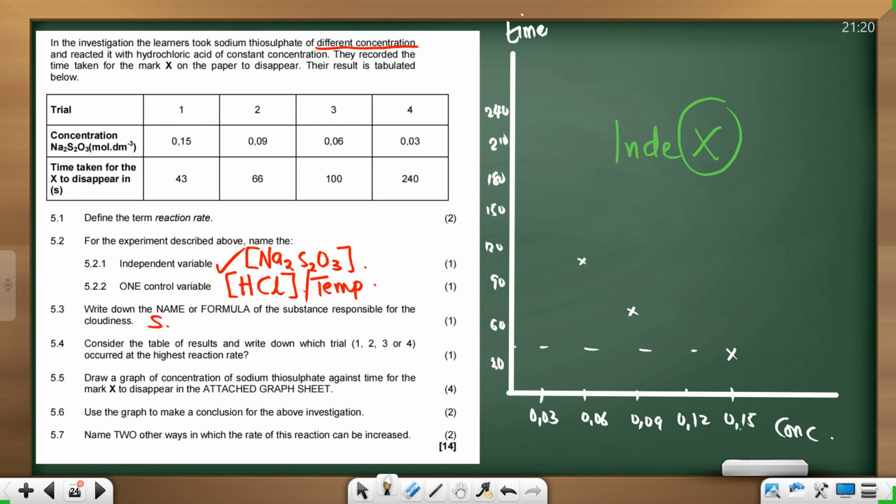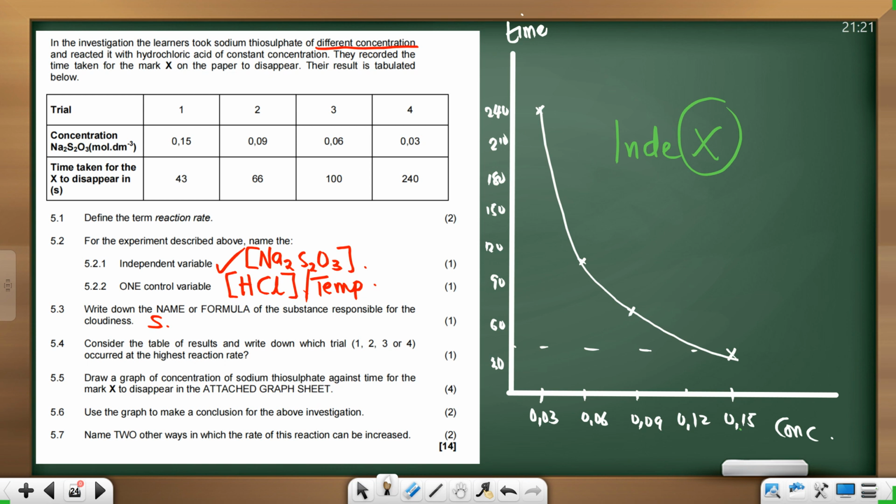Somewhere there. And 0.03 and 240. All right. Please, it's not a straight line, guys. Join the points. Are we okay? All right.